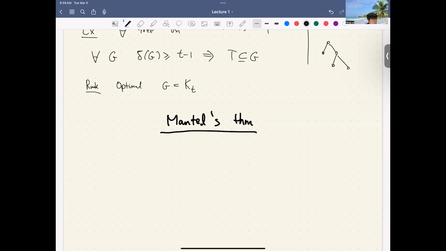For Mantel's theorem, what does he say? He says the following. Let me state the theorem.